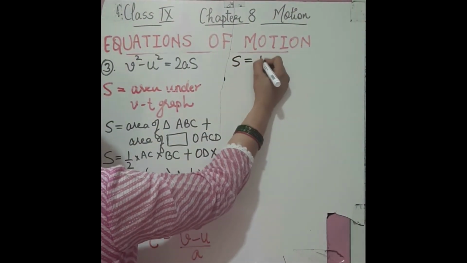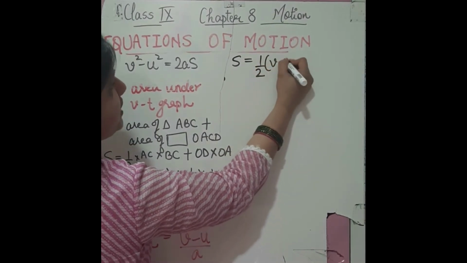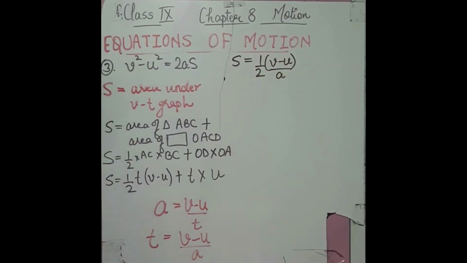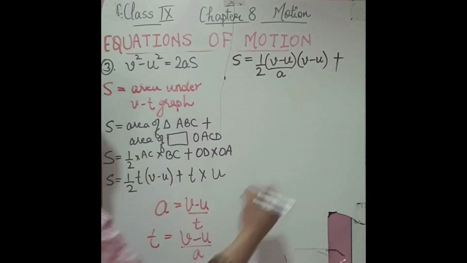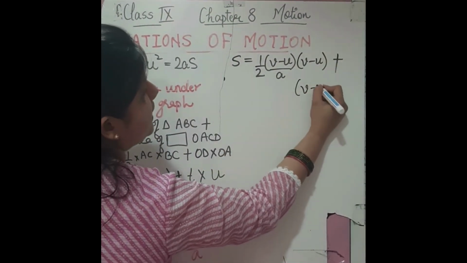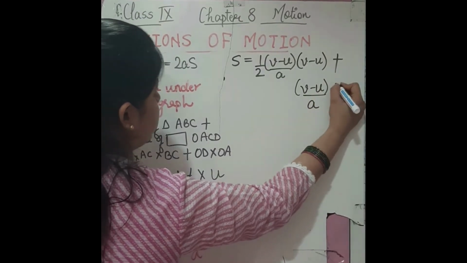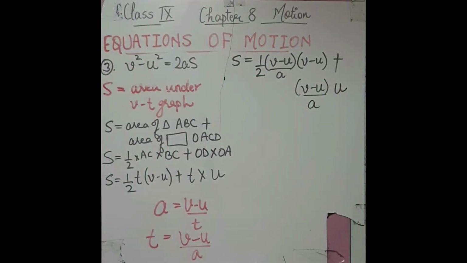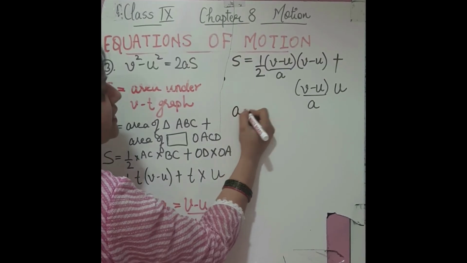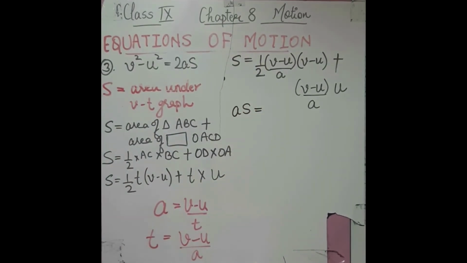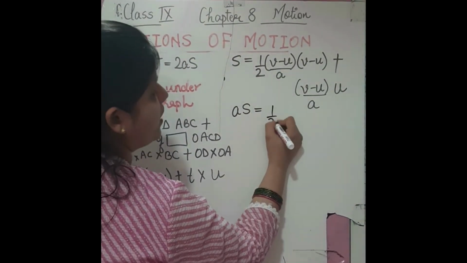S is equal to half V minus U upon A into V minus U plus V minus U upon A into U. Now A, the acceleration, can be taken out, and I'll shift it to the left hand side. So AS is equal to half.